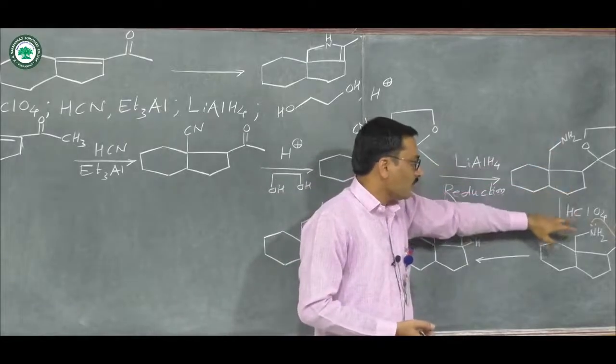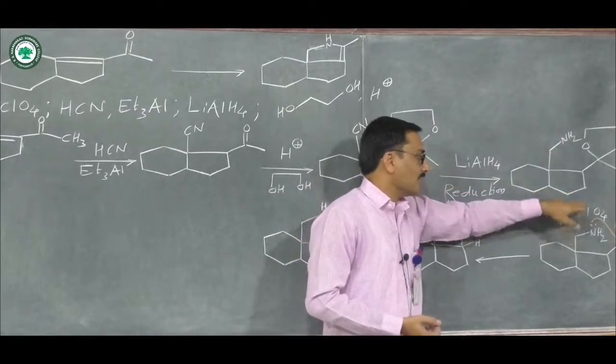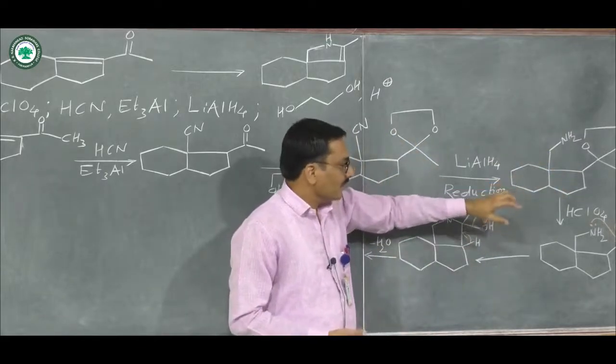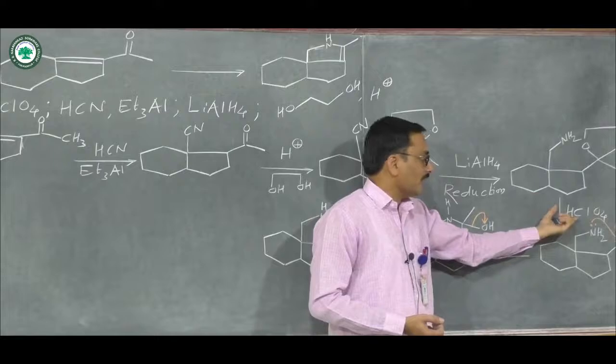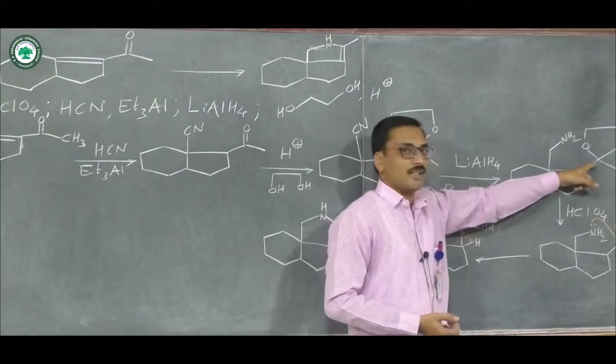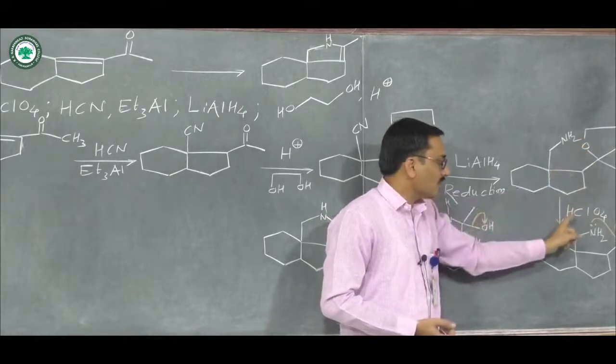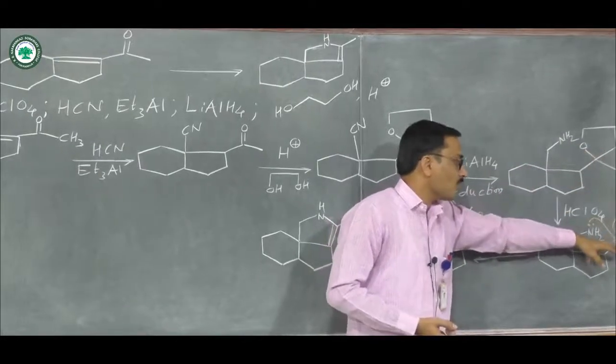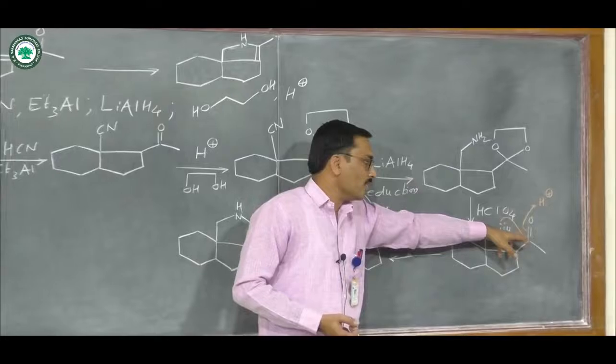In the next step we use HClO4, that is perchloric acid. This acid acts as a deprotecting agent for this ketal. So this ketal in the presence of HClO4 undergoes deprotection, and there is formation of the original ketonic group again.